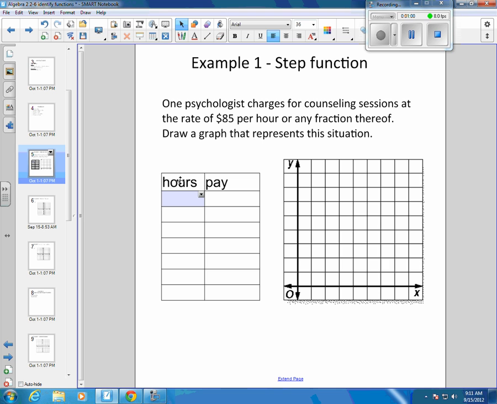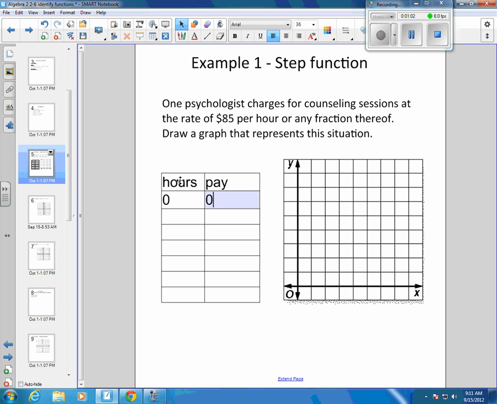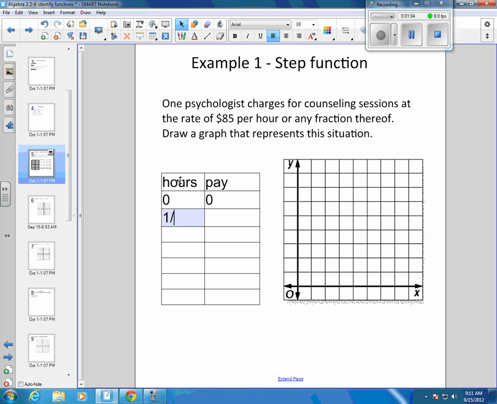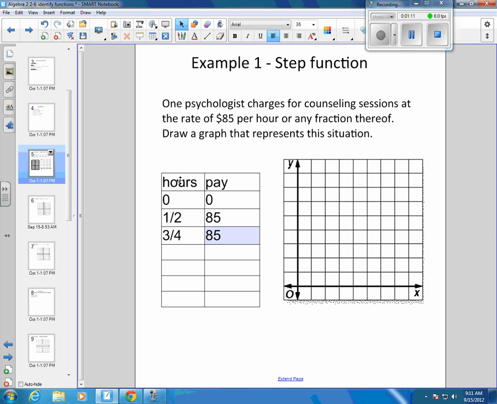So for 0 hours, we're going to pay 0 amount. For a half hour, we're going to pay $85. For 3/4 of an hour, we're going to pay $85. For 1 hour, we're going to pay $85.